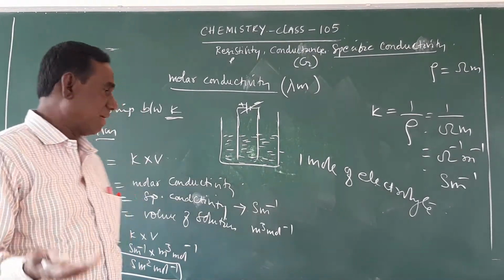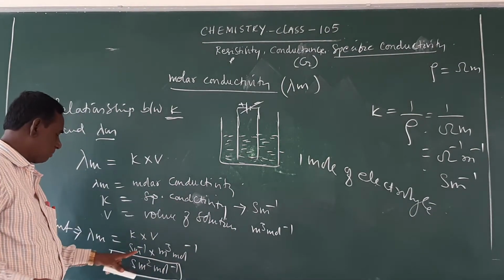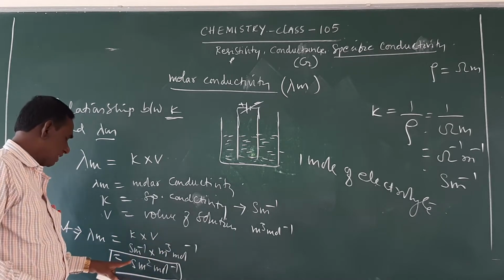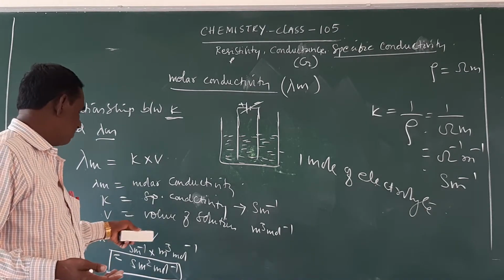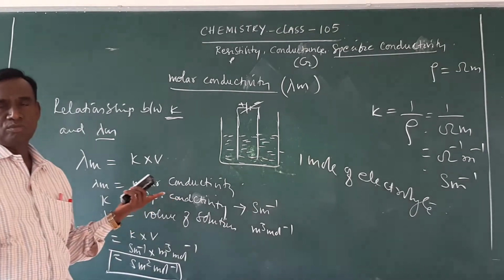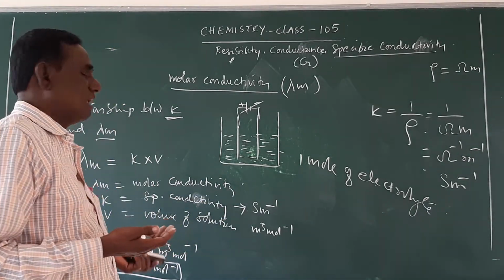Therefore, the unit of lambda m: K is Siemens per meter, V is meter cube per mole, so you get Siemens meter square per mole. If you take Siemens per centimeter, it becomes Siemens centimeter square per mole. That is how we can write the unit of lambda m also.